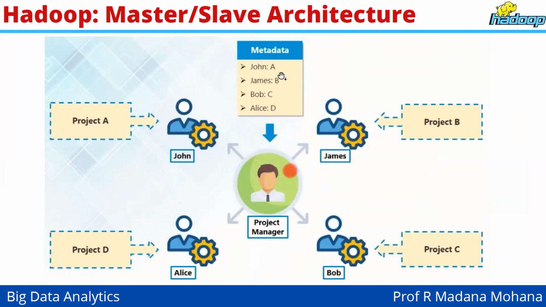Let us name it A, B, C, D with the respective names, so that project A is allotted to John, project B is allotted to James, project C is allotted to Bob, and project D is allotted to Alice. Then the project manager wants to check the progress of all the 4 team members. So first, the project manager may interact with any of the 4 members, then wait for the progress.